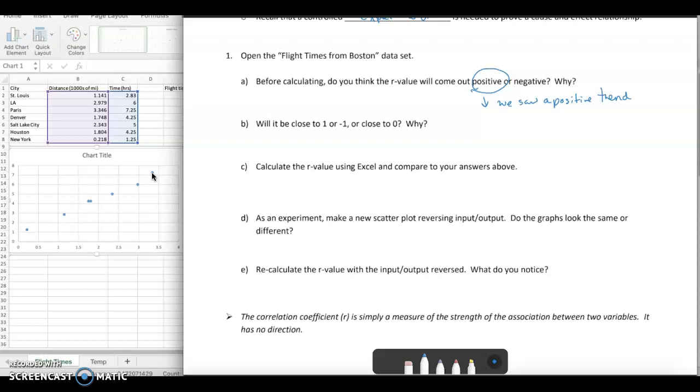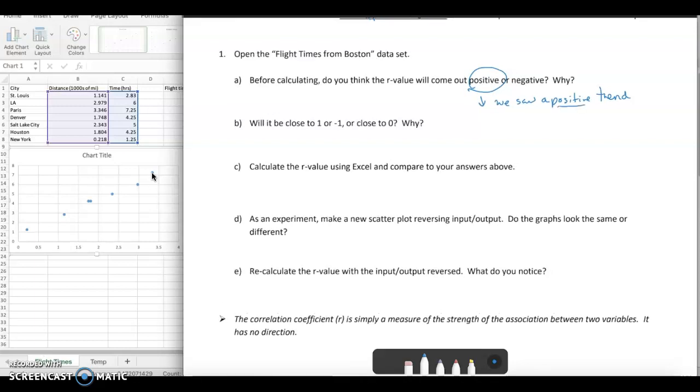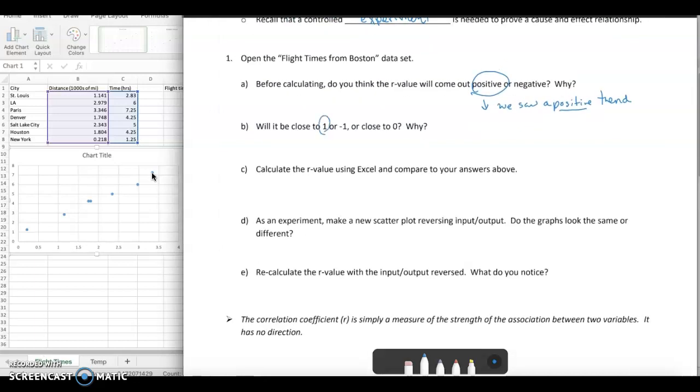We already decided this was very strong, and we just said positive, so I think this is going to come back very close to a +1, because from above we saw it's positive, so -1 wouldn't make any sense. And additionally, we see visually a strong trend, right? Very little scatter.